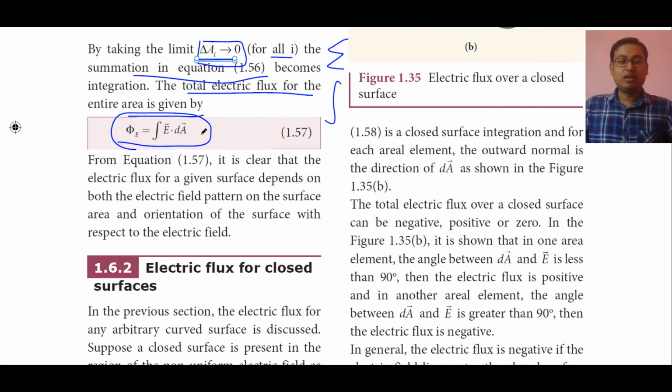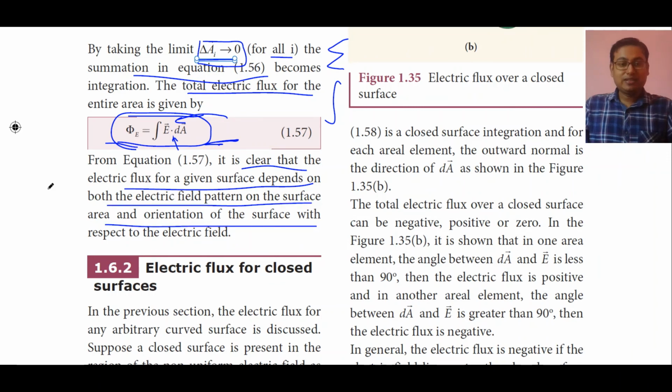As you know very well, a dot product involves cos theta, so E dot dA is equal to E dA cos theta. Because it is a dot product, electric flux is not a vector quantity, it is a scalar quantity. From this equation it is clear that the electric flux for a given surface depends on both the electric field pattern on the surface and the orientation of the surface with respect to the electric field.